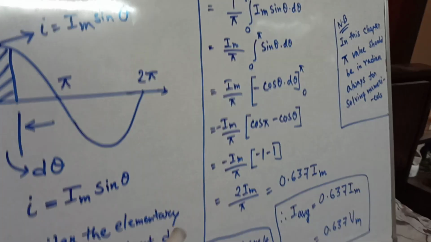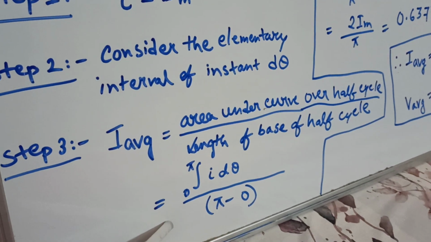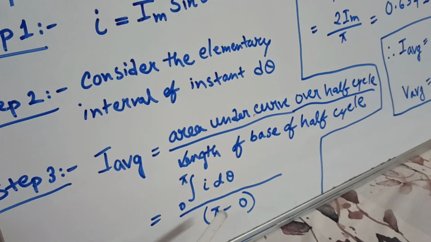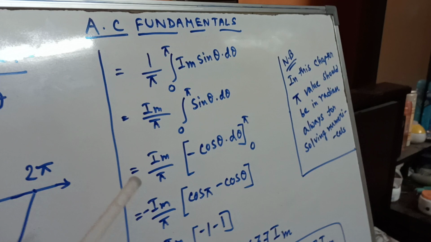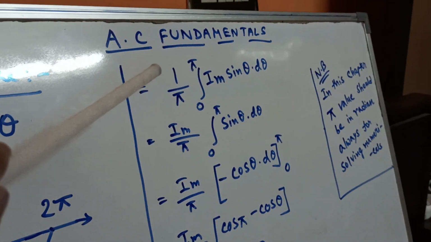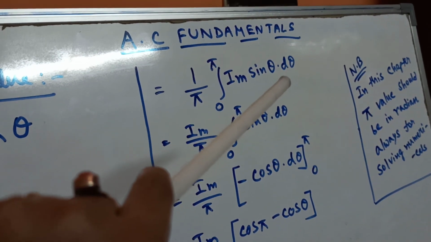Now in the next step, in this formula I am going to substitute the value of small i. So I am going to get 1 by pi, integration from 0 to pi of Im sin theta d theta.